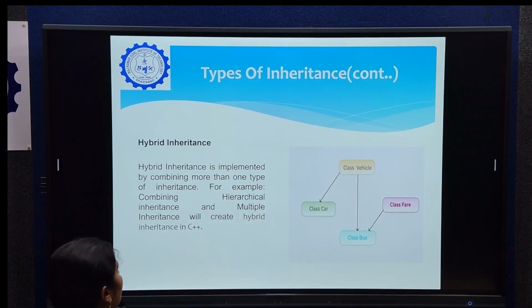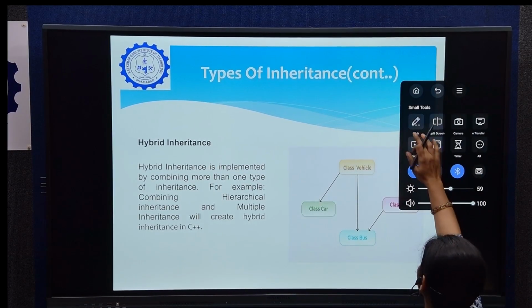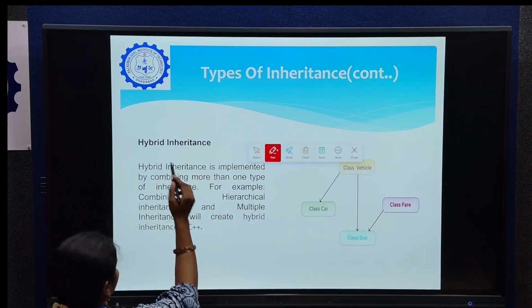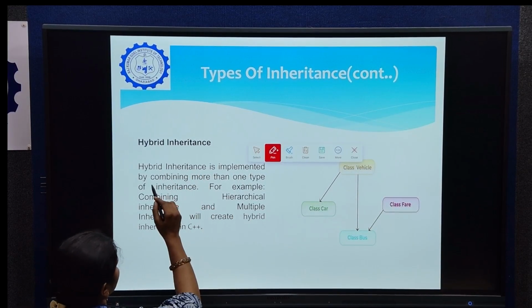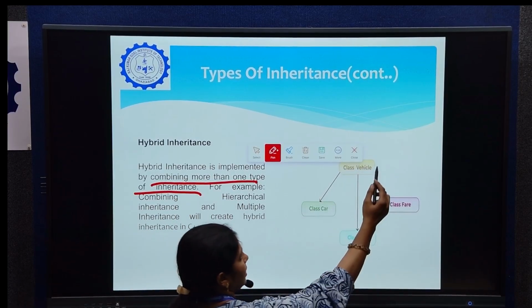Hybrid inheritance. Hybrid, as its name indicates, is the combination of more than one type of inheritance. The vehicle class is there.